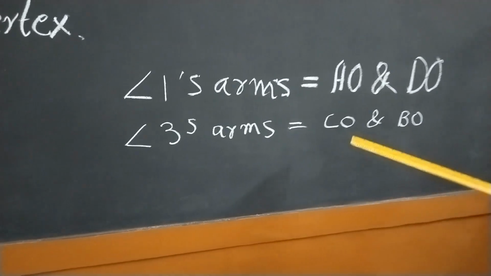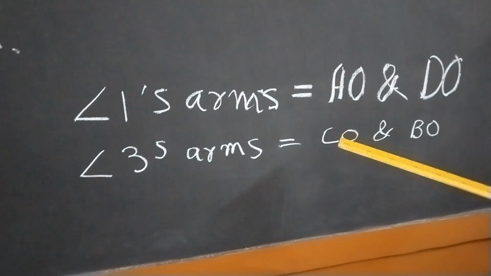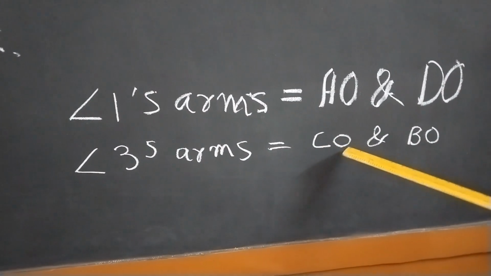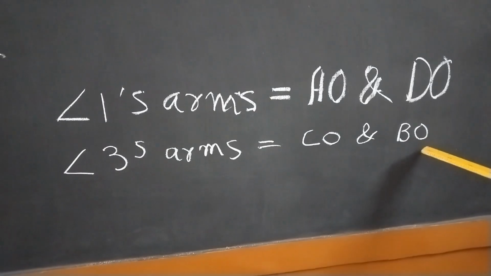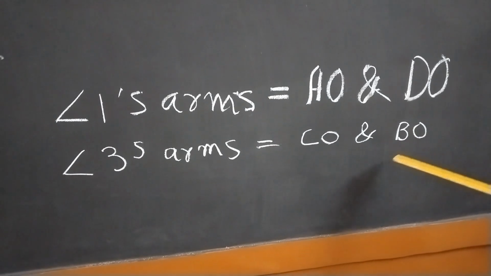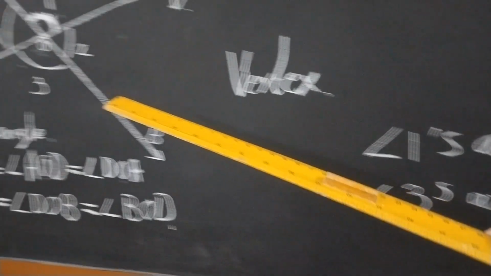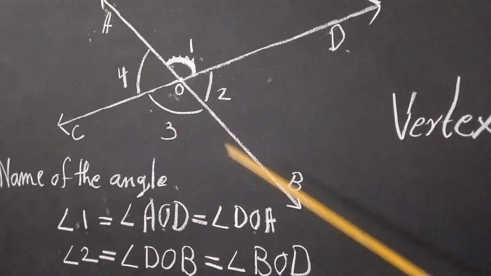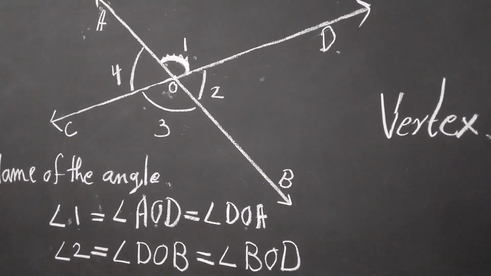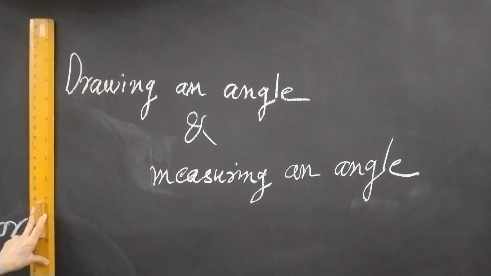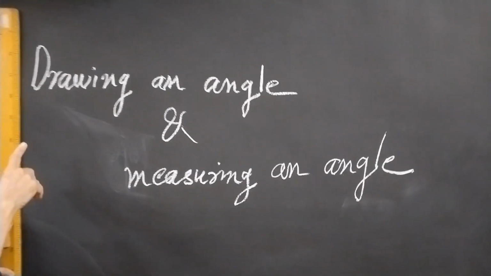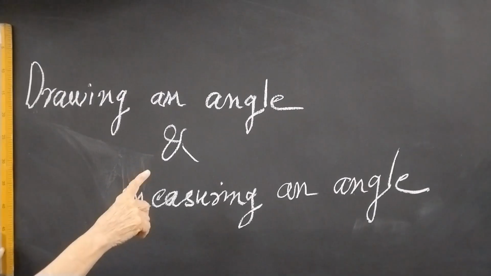Nani, I have written the answer. CO and BO are the two arms of angle number 3. Good girl.